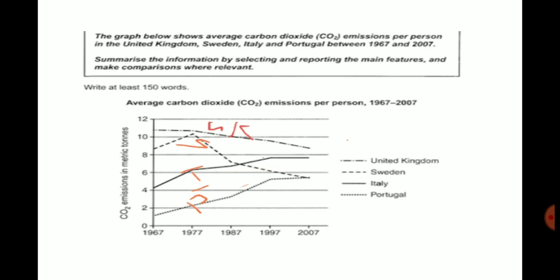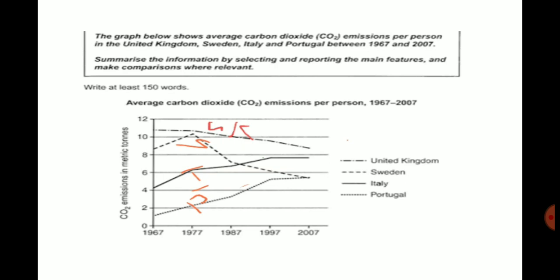Emissions could be replaced with the word output, discharge, release, per person could be changed to each individual, and the country names can be replaced because we know all four nations are European countries. So instead of writing the names of the nations, we can skip them by saying in the four European nations. And the time frame could be changed into decades, or we can just say over a 40-year time period, right?